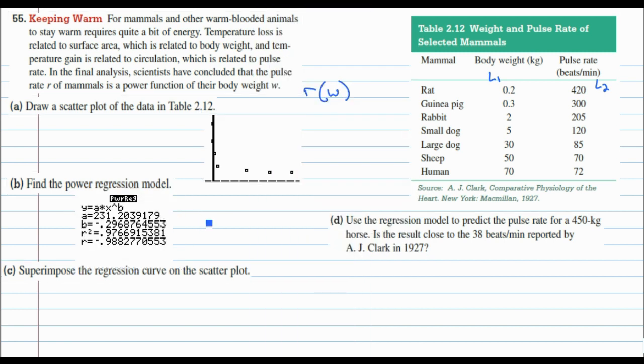So there's the regression model, which if I wanted to write that out would be y equals a is 231.20, x to the, and then b, as I predicted, is a negative exponent, 0.297, we'll say. So that's approximately what the power regression model is. Part C asks us to superimpose the regression curve on the scatter plot.